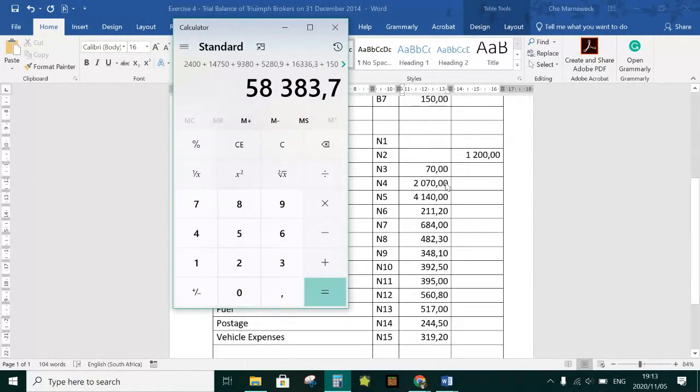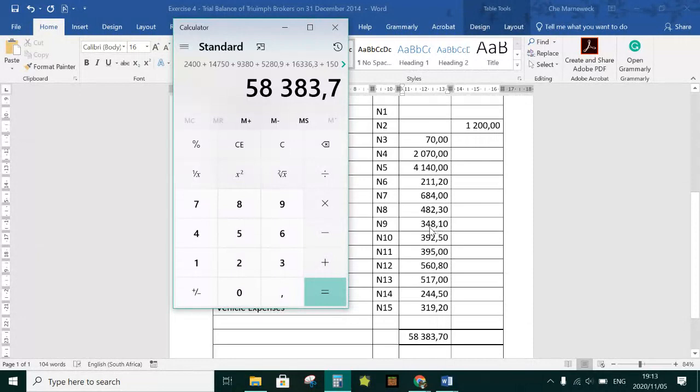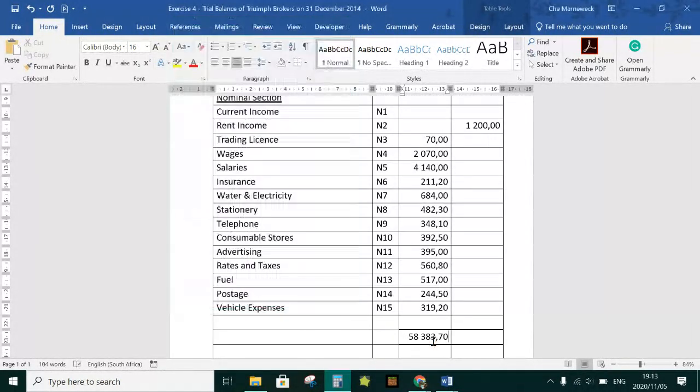Okay, so I left out this amount by accident, so I'm going to have to increase my answer. So I need to add another 348.10. So that's what our answer should be.